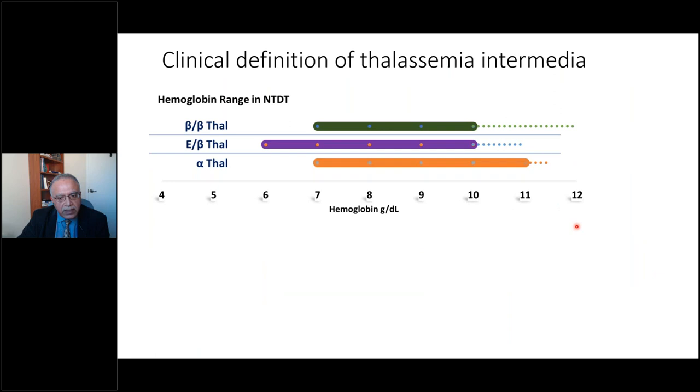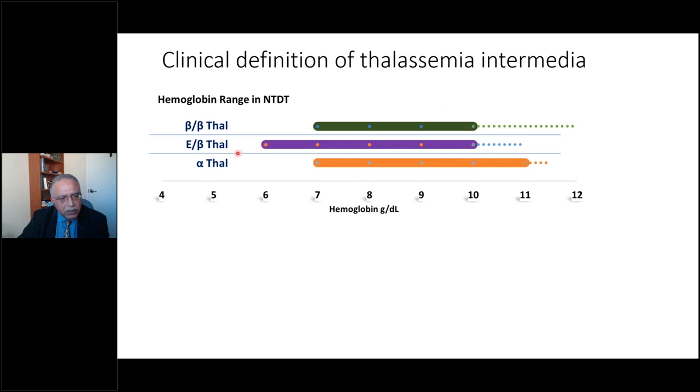So within this framework, can we define a hemoglobin range where we can say that the patient has thalassemia intermedia? The only place where we have consensus between all the groups is that if you have 2 beta thalassemia mutations and a hemoglobin of less than 7, then everybody should be on transfusions. With E beta thalassemia, there's more uncertainty.